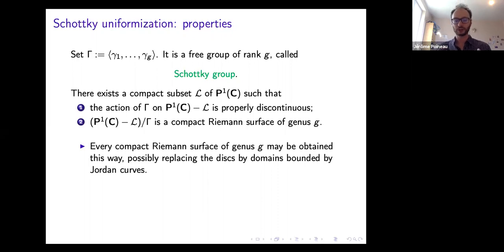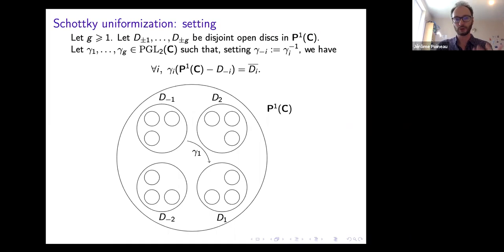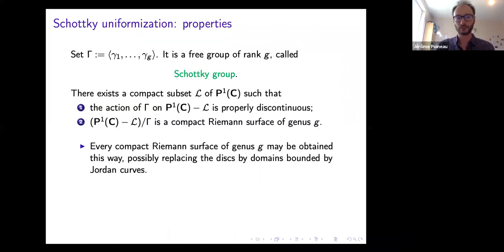You usually start with your Riemann surface of genus g, and you look at the homology. You have g pairs of generators, and you choose one generator, one path in your surface for each pair, and you cut along this path, and you find a picture very similar to this one, the one of P1 of C with g disks removed, and you get back to your Schottky picture.